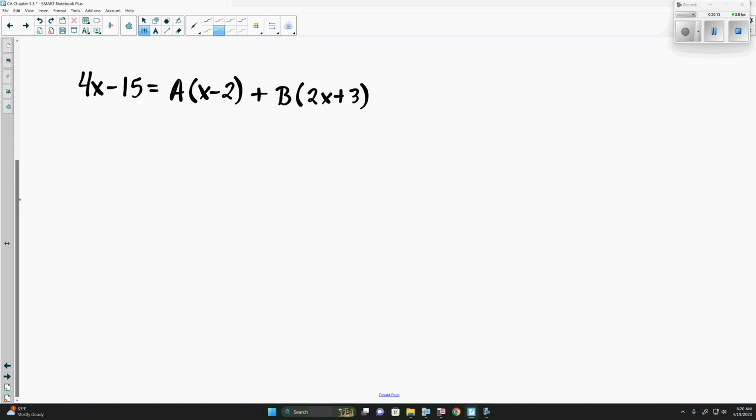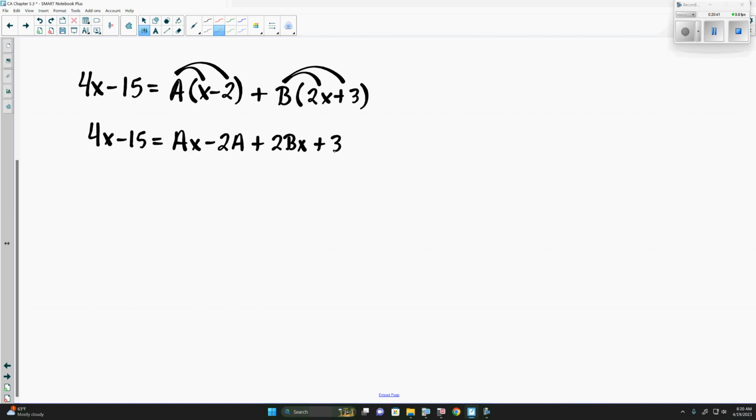Now at this point we do need to distribute the right-hand side. So we can do a times x and a times negative 2, giving us ax minus 2a. Plus, we distribute the b. b times 2x is 2bx. And b times 3 is plus 3b.